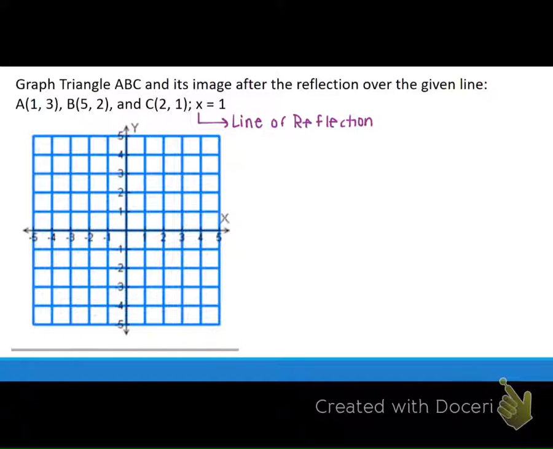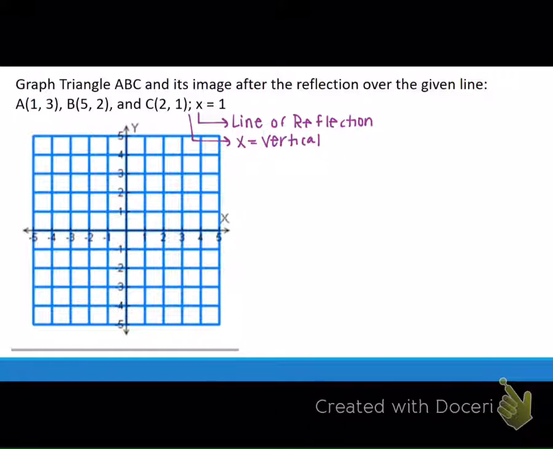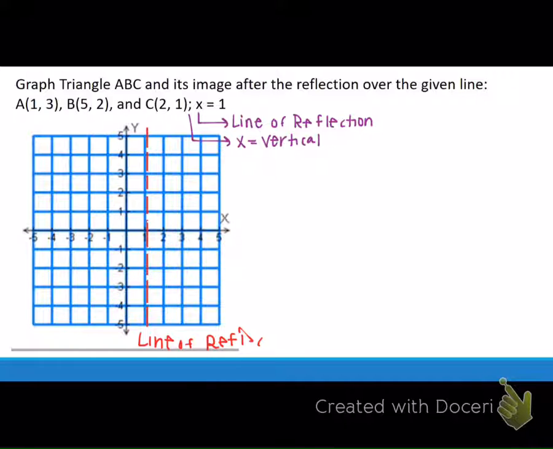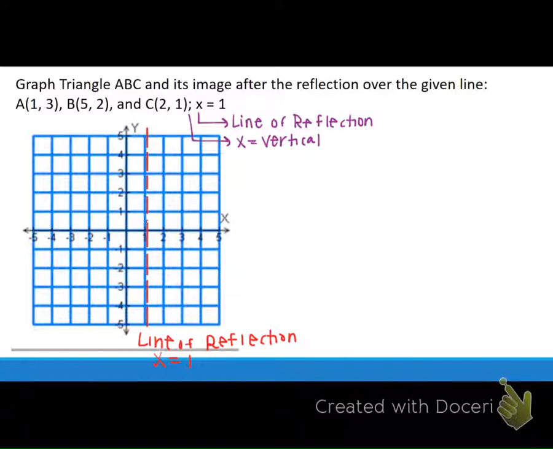So if you're cutting the x-axis, it has to be vertical. So that's just my line of reflection, x equals 1.